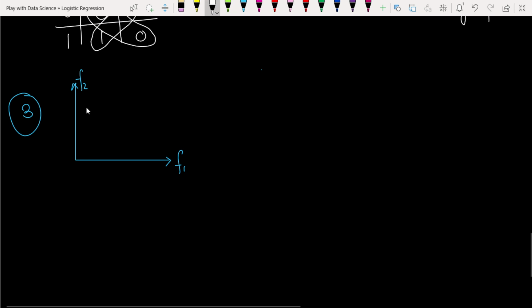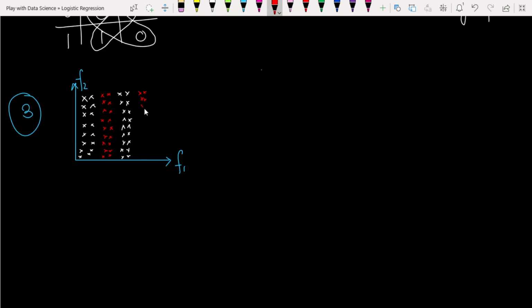Suppose we have two kinds of points, one white and one red.